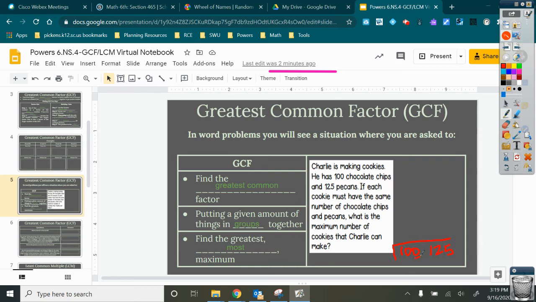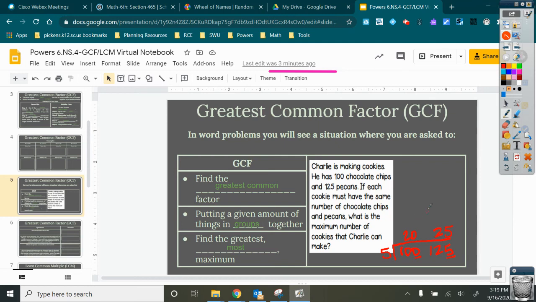And I know because 100 ends in 0 and 125 ends in 5, that a 5 will divide into both evenly. So now I'm going to make my factor pairs for each of these numbers with the factor of 5. So 5 times 20 is 100. And 5 times 25 is 125.